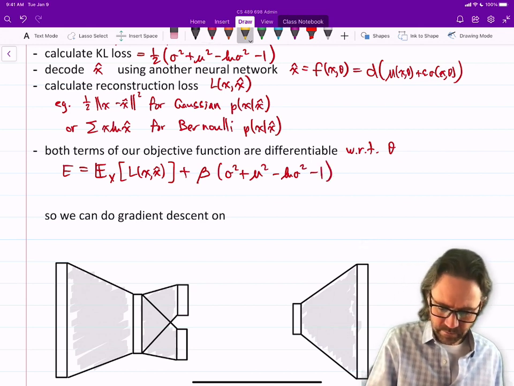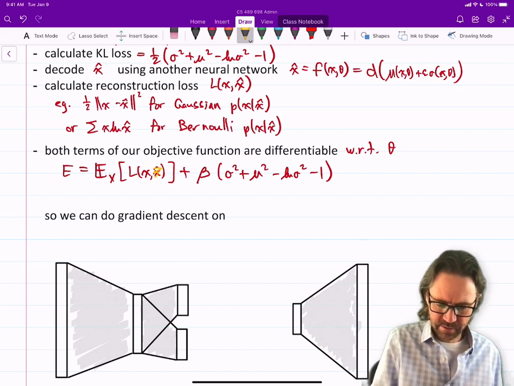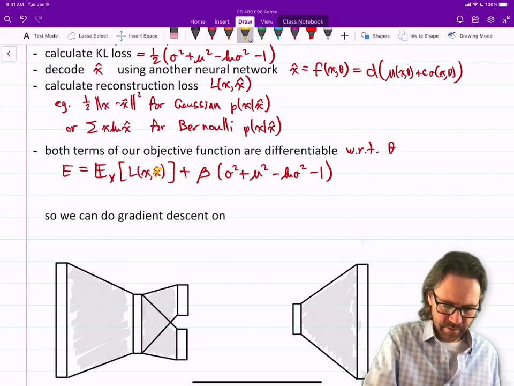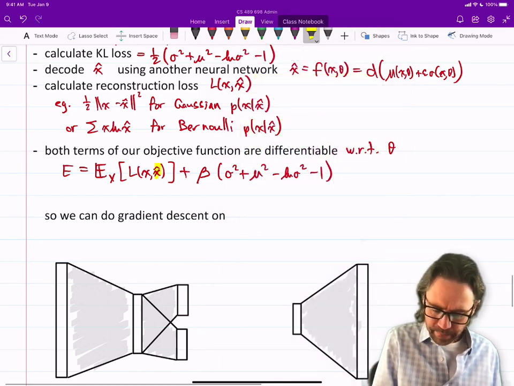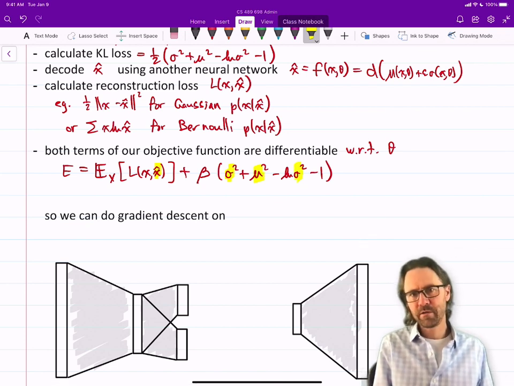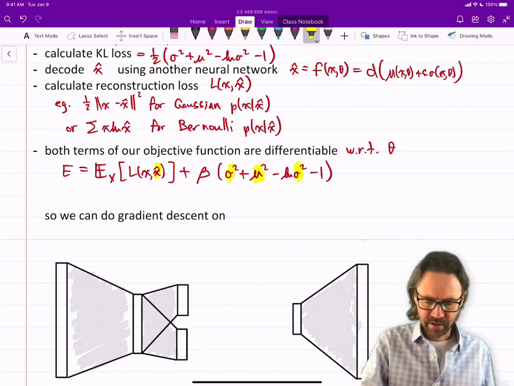This x hat, and this sigma and mu, are all dependent on our network parameters.